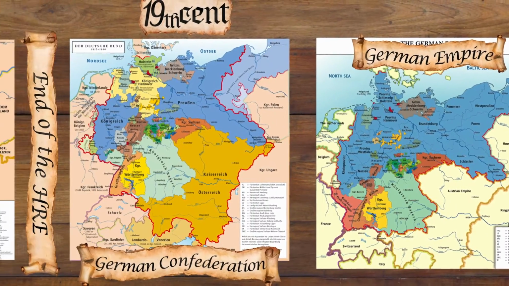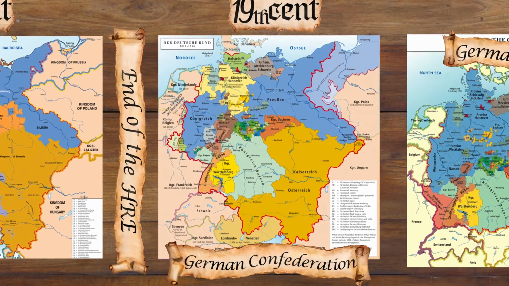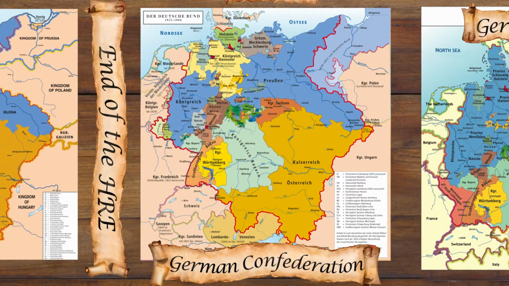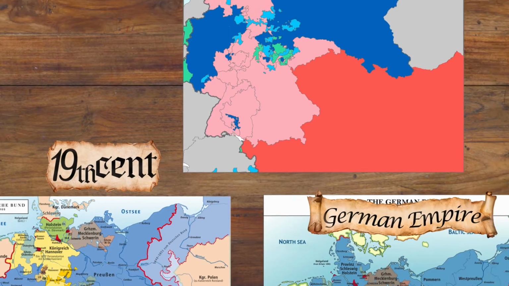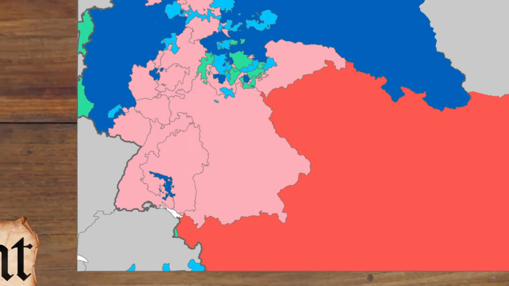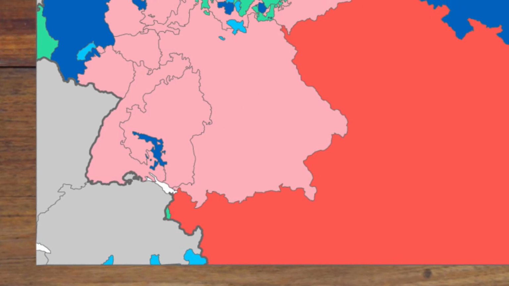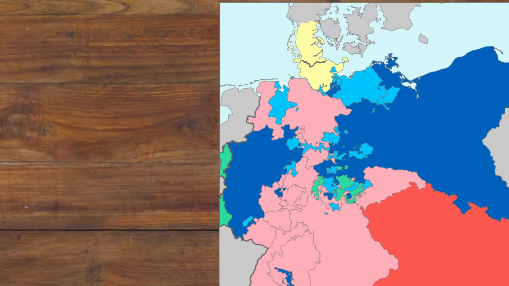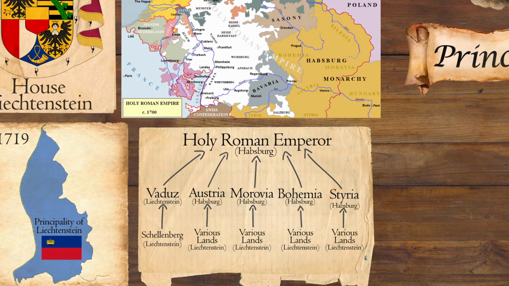We're going back to the early 19th century, and just after the Napoleonic Wars, Liechtenstein, like most former HRE nations, joined the German Confederation. When the wars that led to German unification came, Liechtenstein officially declared itself neutral, but it did retain close ties with the Austrian Empire, unsurprisingly as they still owned a lot of land and resided within Austria at that time.